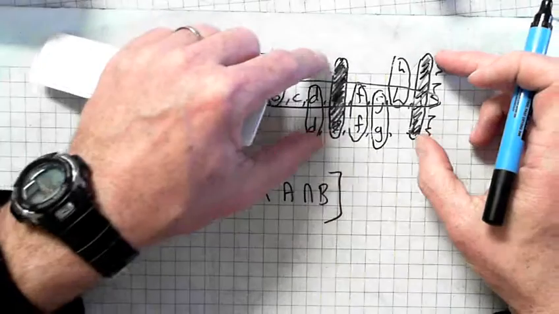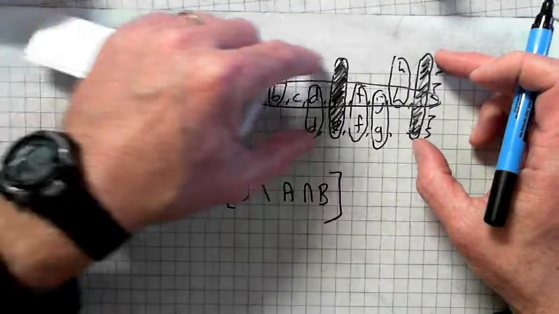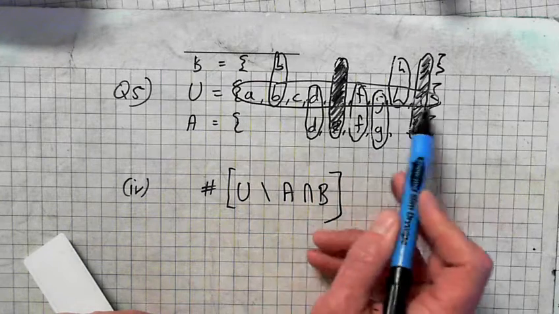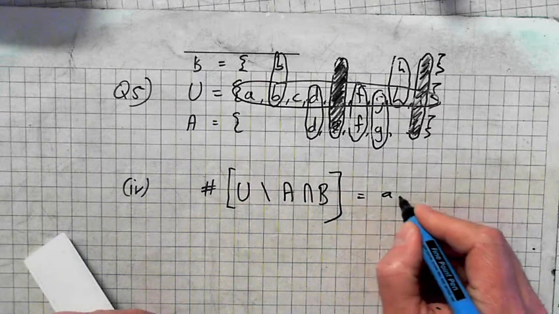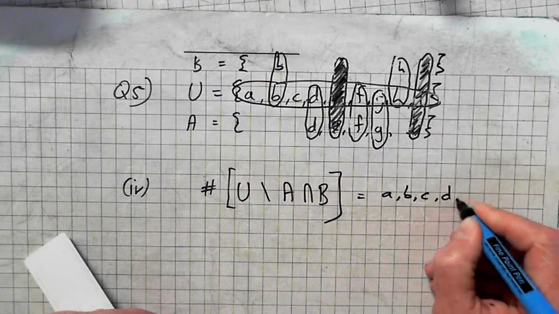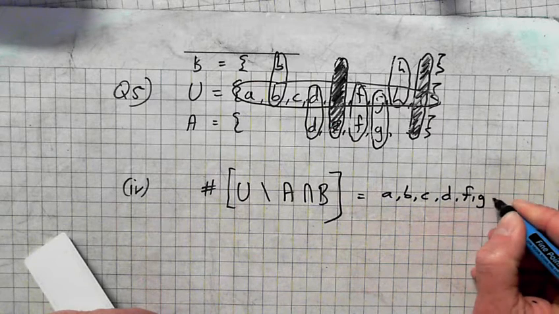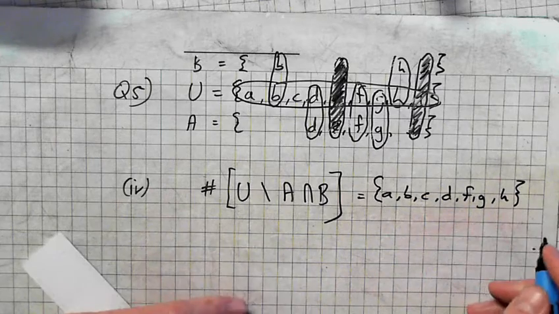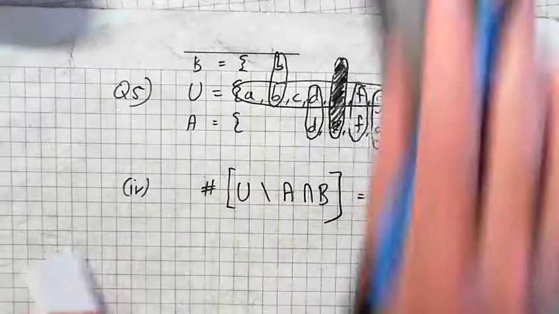A intersection B, where they cross. A and B cross there. So I want everything else along here except E and I. A, B, C, D, F, G, and H. Okay? Alright?